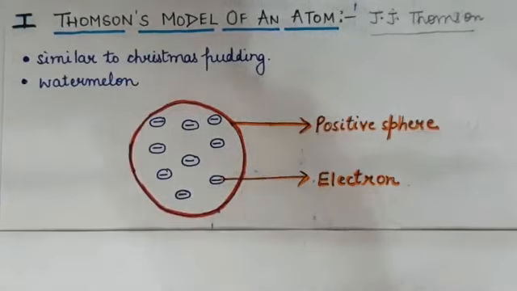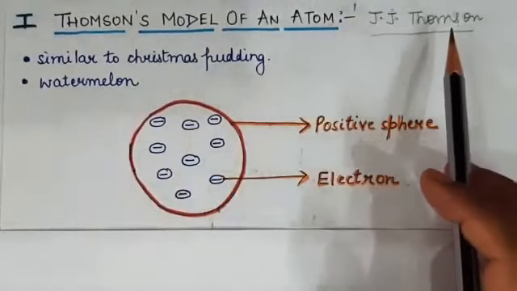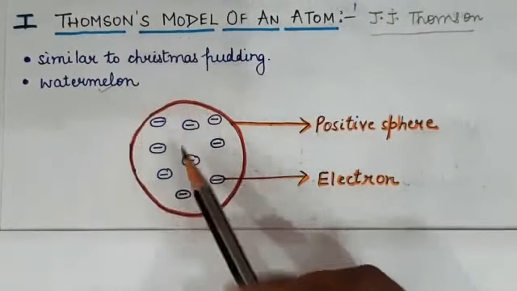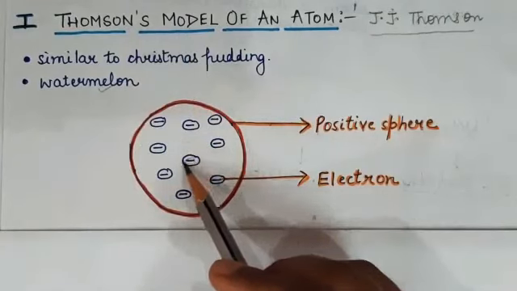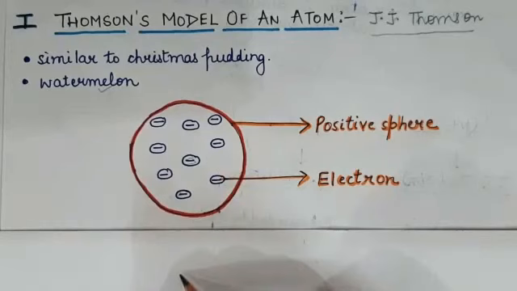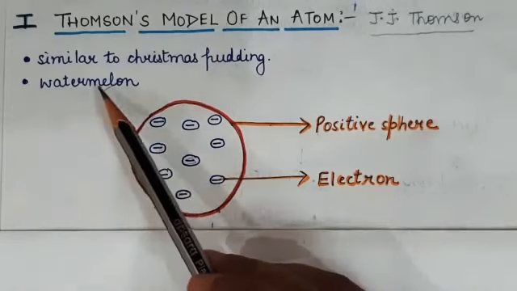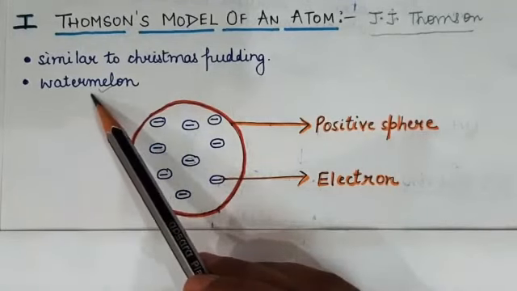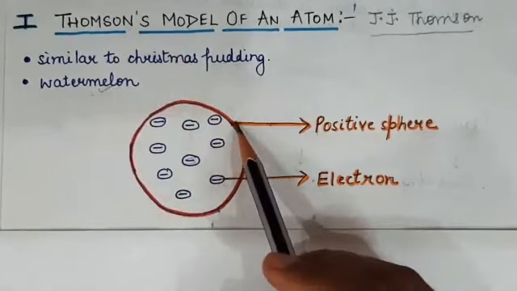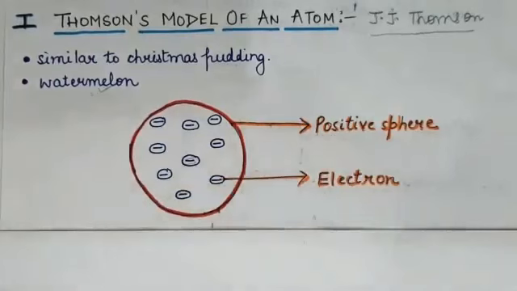How? J.J. Thomson compared the seeds of watermelon to the negatively charged particles called electrons, and the red edible part which you eat of the watermelon was compared to the positive sphere.